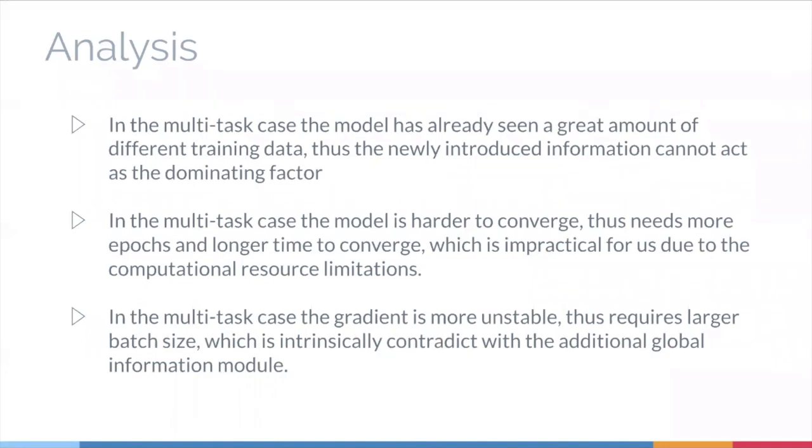Thus, the newly introduced information cannot act as the dominating factor. And in the multitask case, the model is harder to converge, thus needing more epochs and a longer time to converge, which is impractical for us due to computational resource limitations. And in the multitask case, the gradient is more unstable, thus needing a larger batch size, which is intrinsically contradictory with the additional global information module.